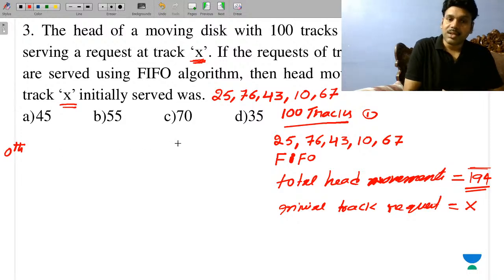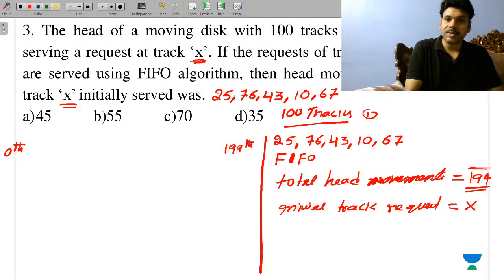Now you see, from 0 to 199 we are considering the cylinders or tracks, whatever it may be. Now there are some requests here, and they are in a first come first serve manner only, so directly you can satisfy your answer.